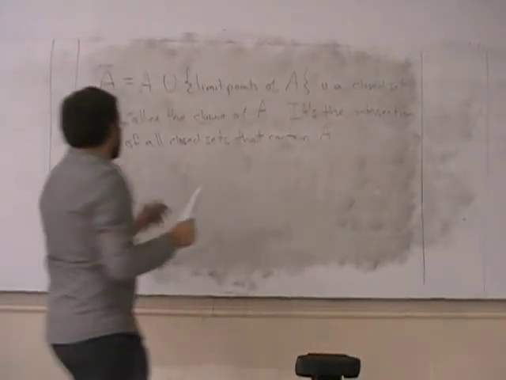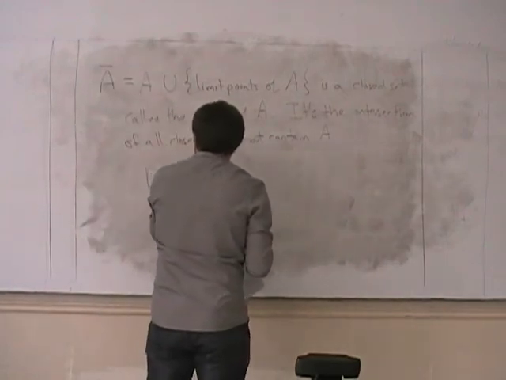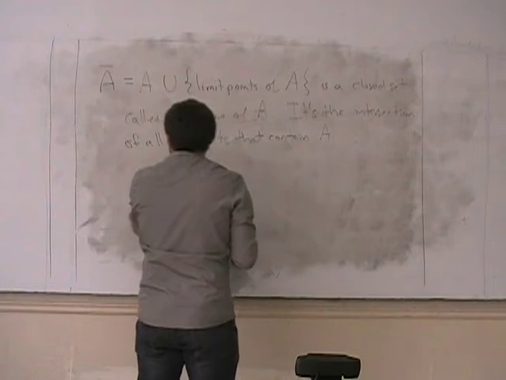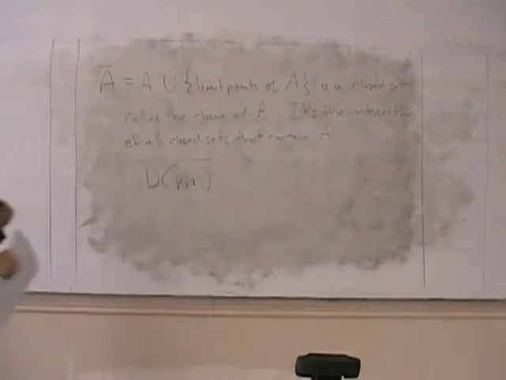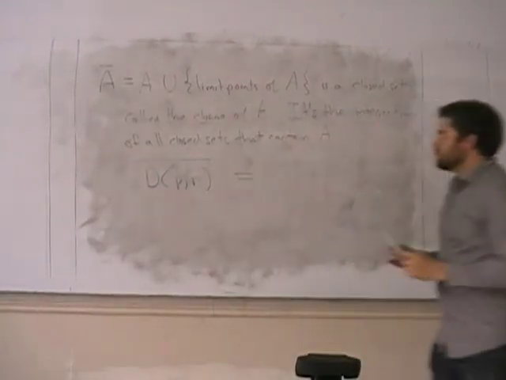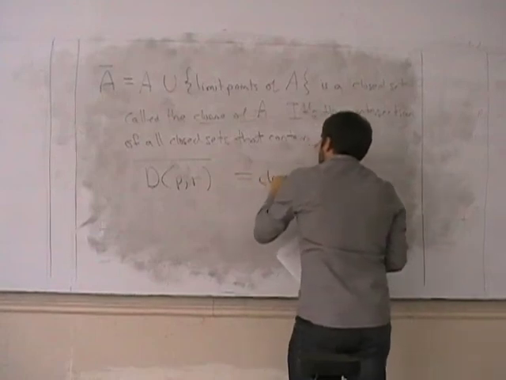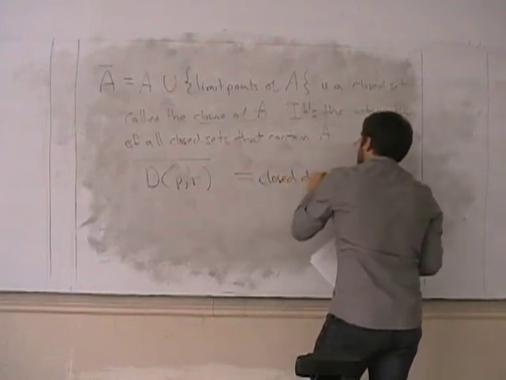So, for example, to test this concept, what's the closure of the open disk centered at P, radius r? It's the closed disk.